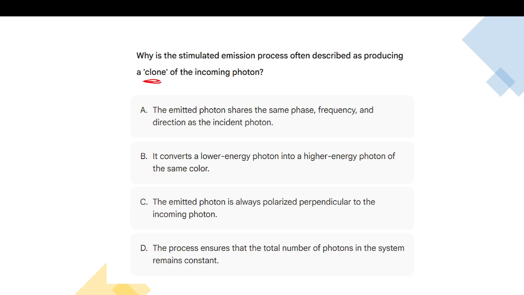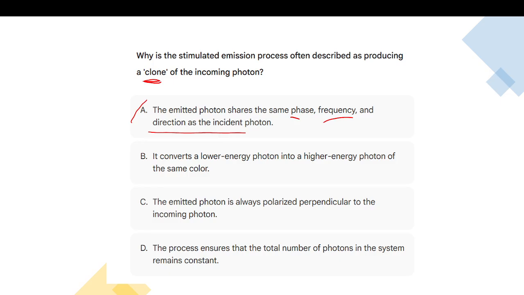Clone means it has the same phase, same frequency and direction as well. So that's why it is called a clone photon. The emitted photon shares the same phase, frequency and direction as the incident photon.